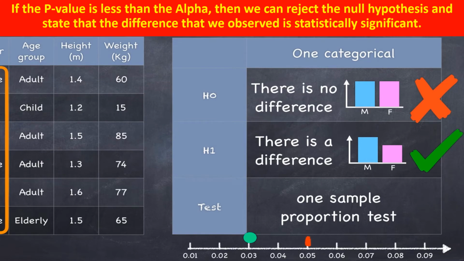If the p-value that we're going to generate is less than the alpha, remember the alpha that we chose was 0.05, 5%, then we can reject the null hypothesis and state that the difference that we observed is statistically significant. So then we can say, we are sure there is a difference in the weight between males and females.